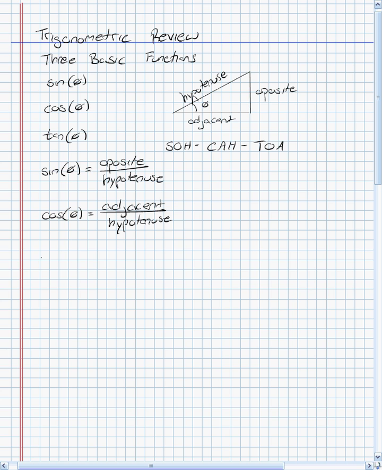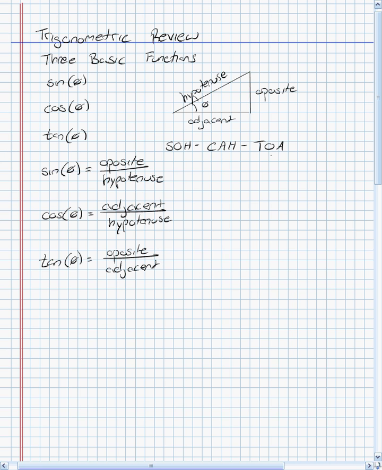And TOA is the tangent of theta is equal to O, the opposite length, over the adjacent length.